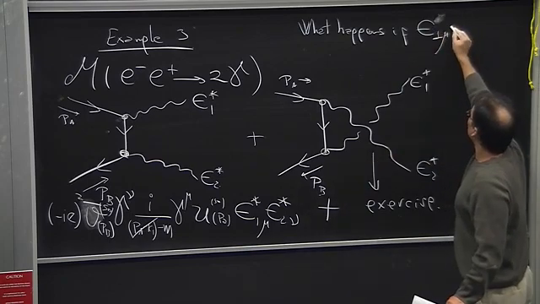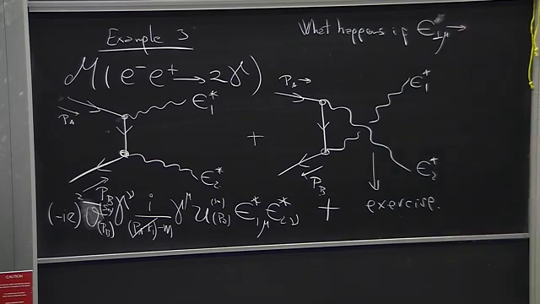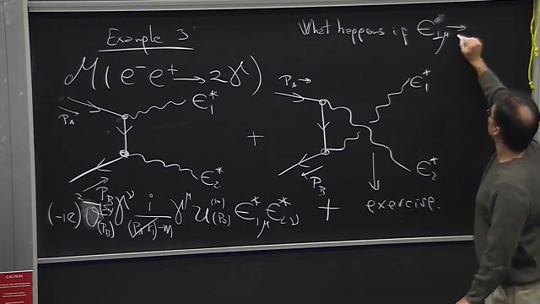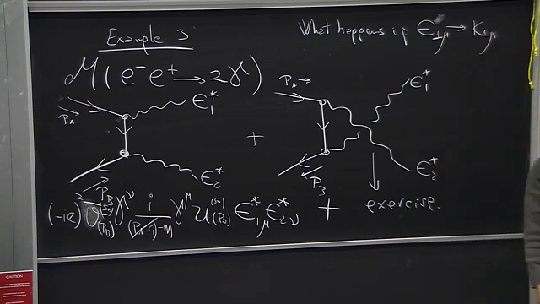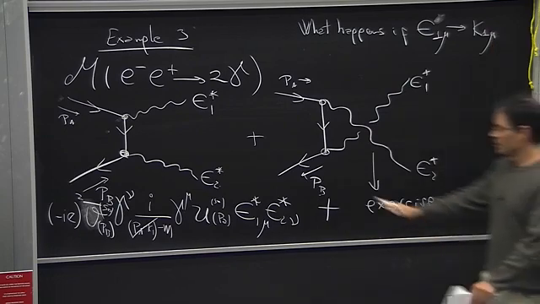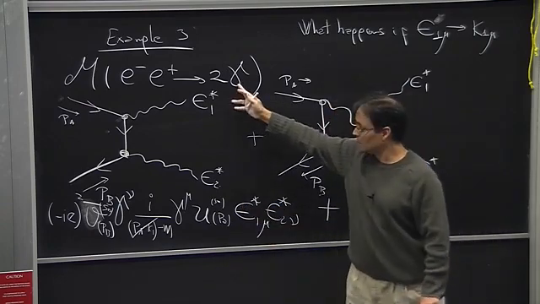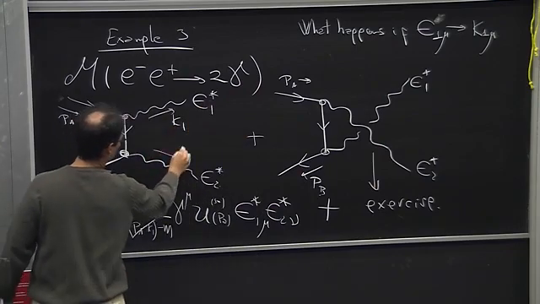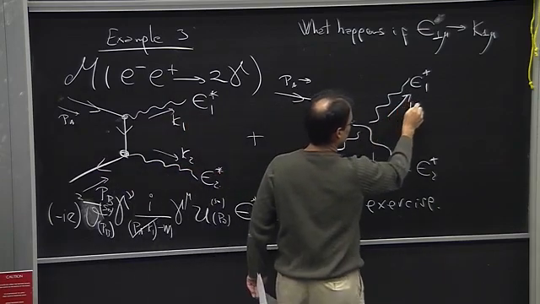Just take epsilon 1 and replace it by a real vector. Just replace it by k1 mu. Okay? Just in this formula. Remove this and put k1 mu, where k1 mu is the momentum of this photon, right? Our standard notation.